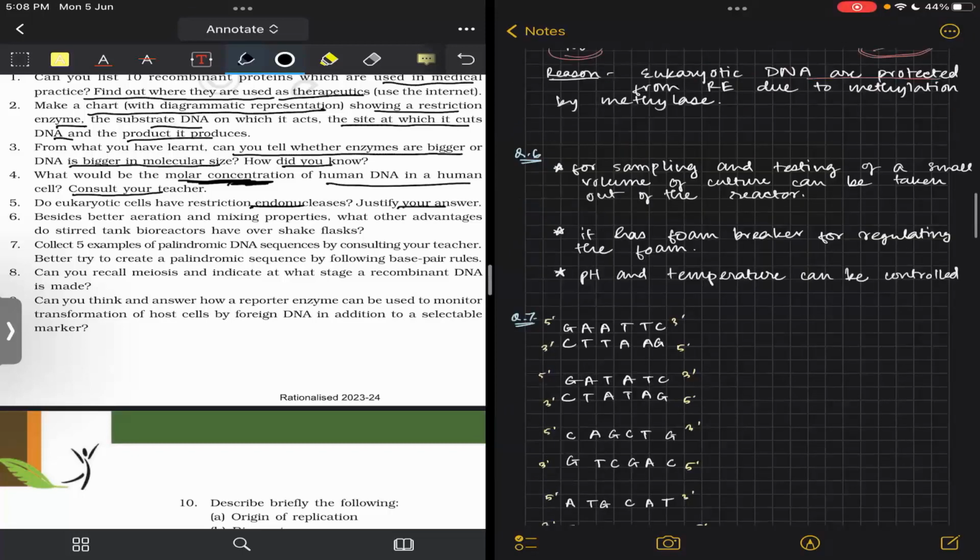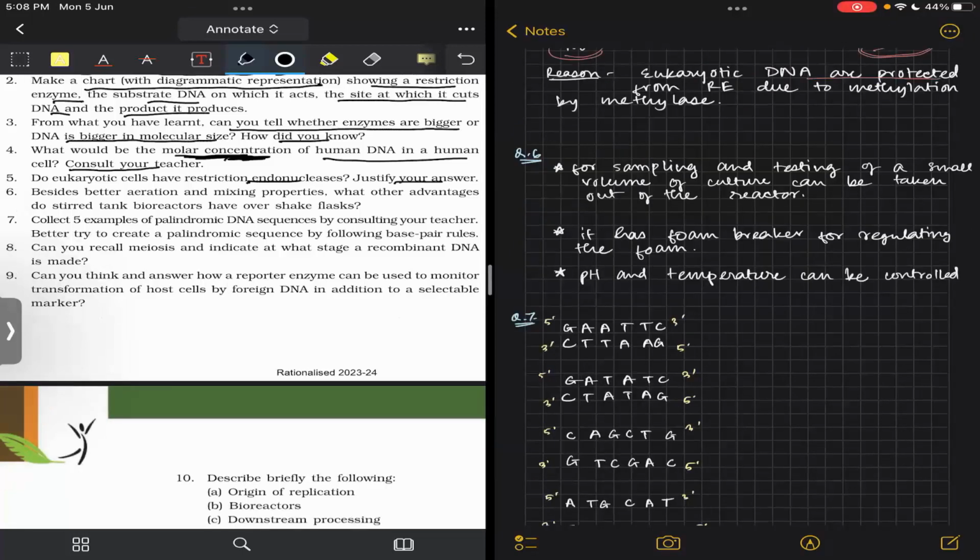Now, coming to the next question, besides better aeration and mixing properties, what other advantages do stirred tank bioreactors have over shake flasks? So we use shake flasks generally in laboratories just to see if the GMO, or genetically modified organism, is producing the protein or not.